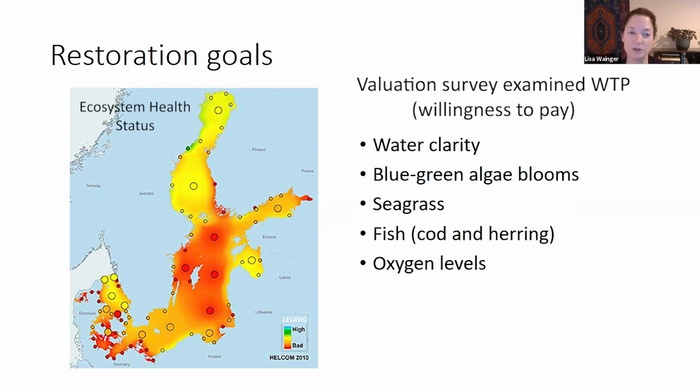So their restoration goals for the Baltic, they're trying to restore the aquatic habitat, and they're primarily going about it by thinking about water quality parameters. So they have set this goal of good ecosystem status, and later on, I'm going to tell you how they used a valuation survey, and what they asked about in this particular valuation survey was things like how much people valued water clarity and blue-green algae blooms, both harmful and regular, seagrass, fish, and oxygen levels.